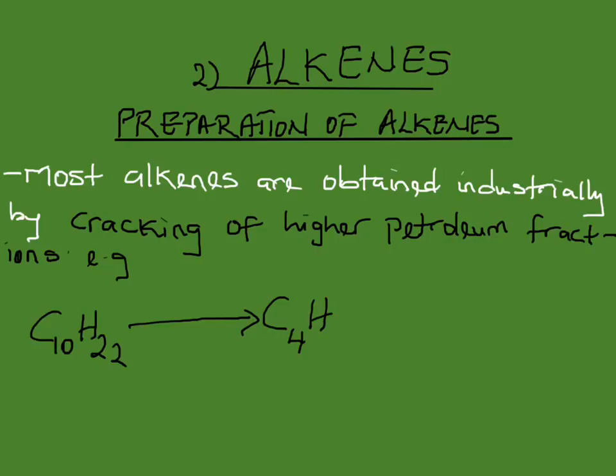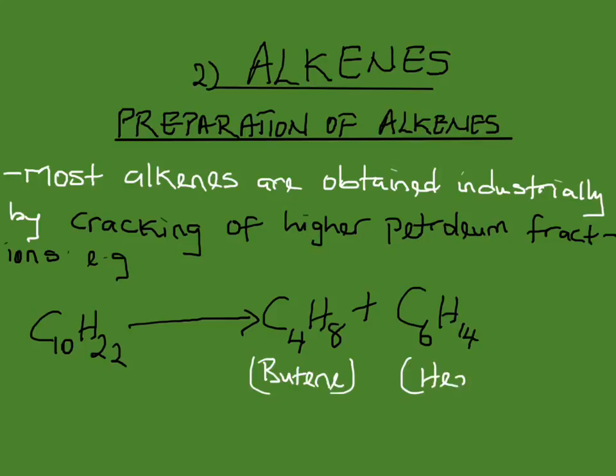For example, we have C10H22, which is going to give rise to C4H8, which is butene, and C6H14. Of these two, butene is an alkene, and the next one, C6H14, hexane, is an alkane.